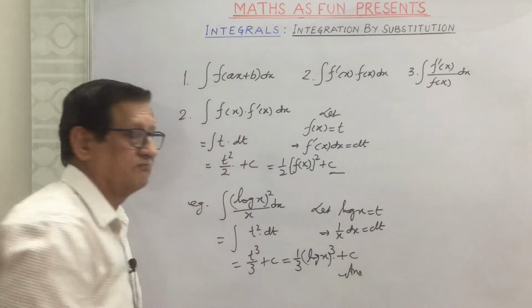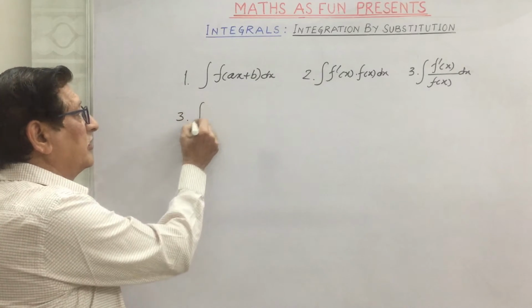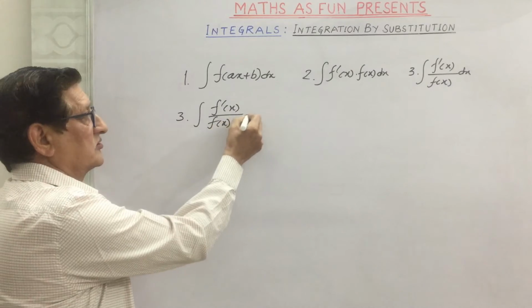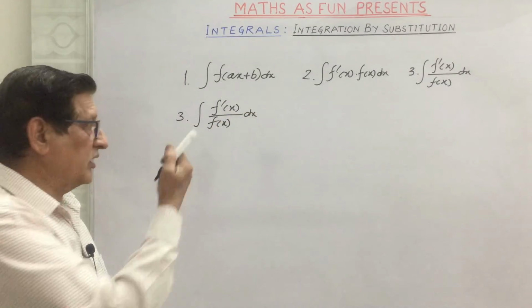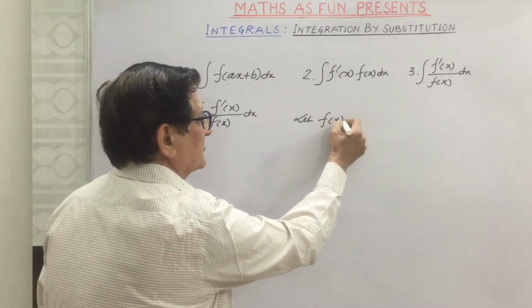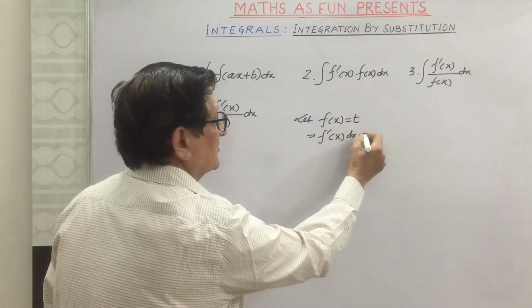This is the answer. In the third form, we find it is the integral of f dash x upon fx dx. We can substitute t for fx. So we can write let fx is equal to t, which gives us f dash x dx is equal to dt.